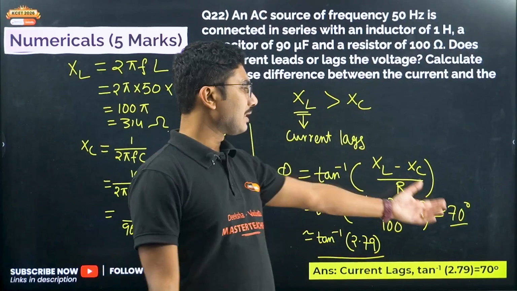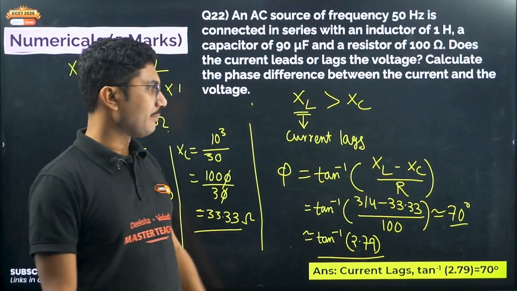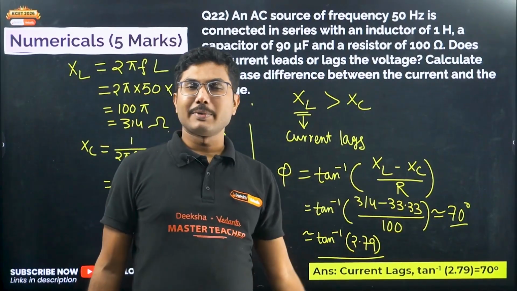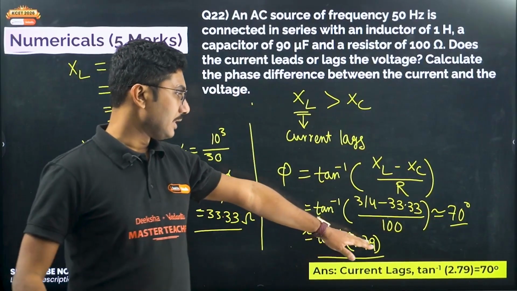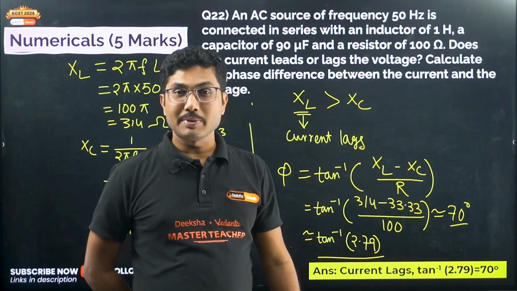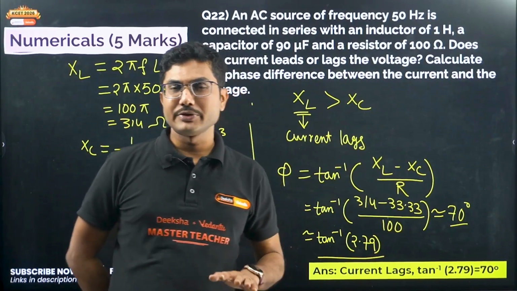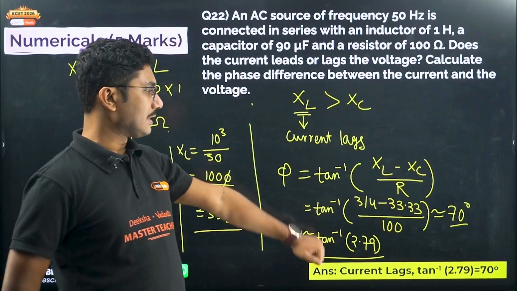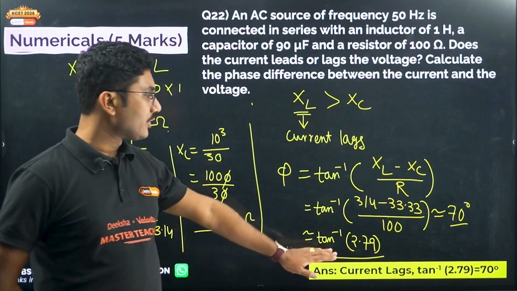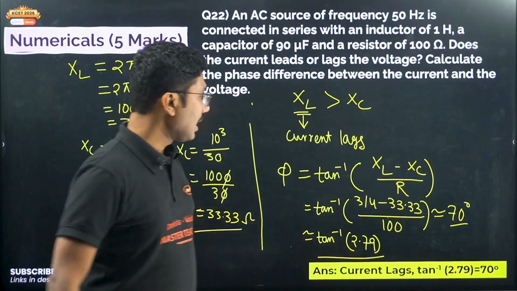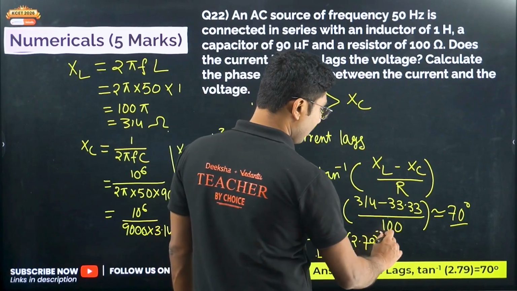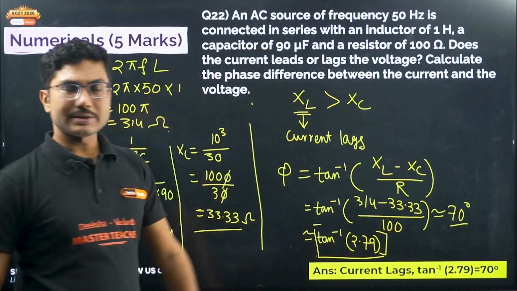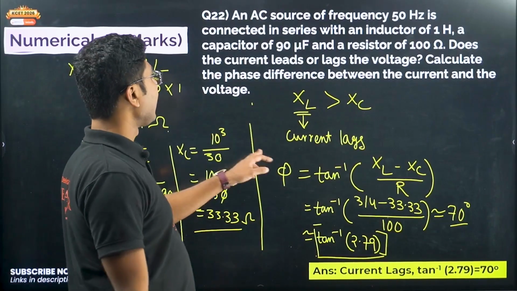This is a common problem, so 70 degree maybe you can answer, but without using a sine cos table, you may not be able to calculate this exact value, and I don't recommend using sine cos table for just a simple problem. So you just leave it over here and get the angle properly. Okay, so this is the correct answer. You should get full marks.